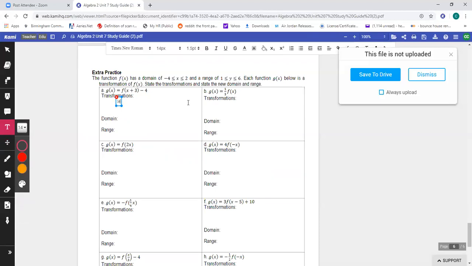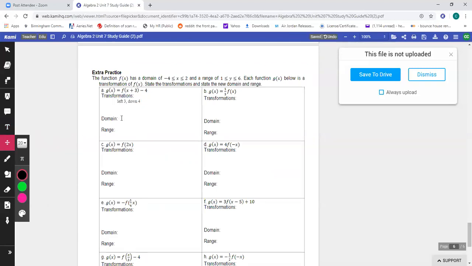So this one is going to be left 3, down 4. Your domain is going to be, so if I'm going left 3, that affects the x value. So this is going to be -7 is less than or equal to x less than or equal to -1.